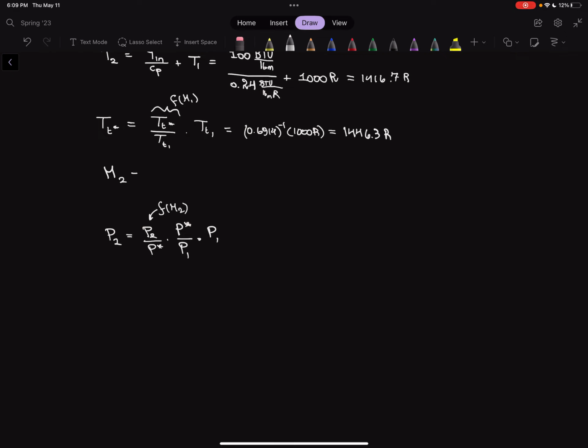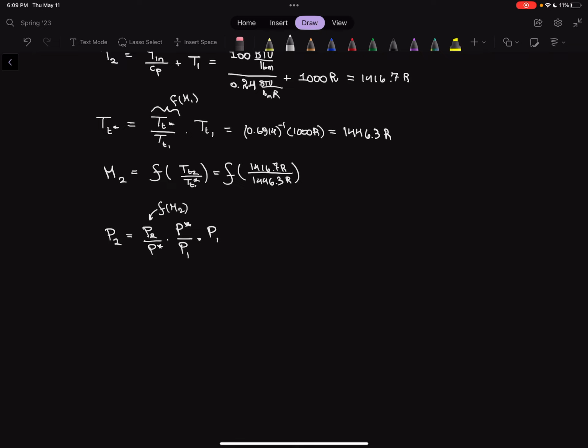And now we can find the Mach 2 as a function of T2 over TT star. So a function of what? Well, TT star we just calculated. And the other one is 1416.7. They're both Rankine. So let's do 1416.7 divided by 1446.3.